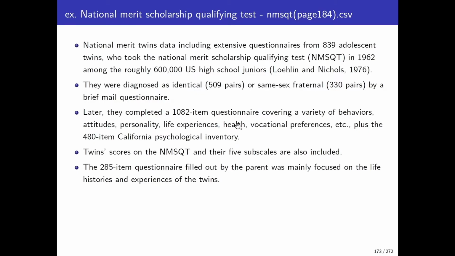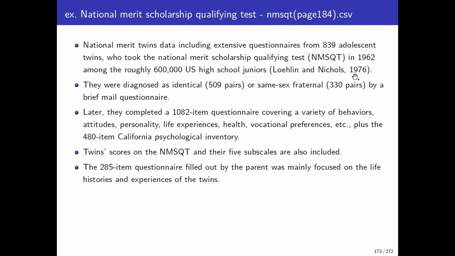They were diagnosed as identical, 509 pairs, or same-sex fraternal, 330 pairs, by a brief mail questionnaire. Later, they completed a 1,082-item questionnaire covering a variety of behaviors, attitudes, personality, life experiences, health, vocational preference, etc., plus the 48-item California Psychological Inventory.